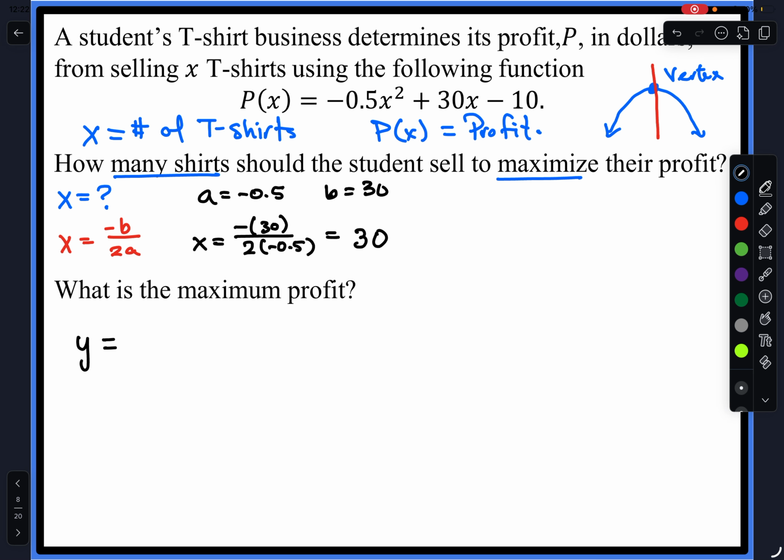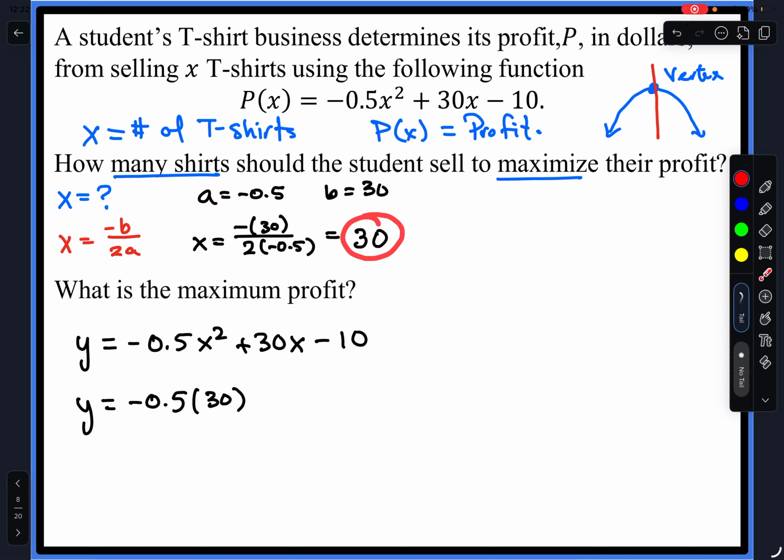So p of x, which is the same thing as y, equals negative 0.5x squared plus 30x minus 10. Again, x is going to be replaced with 30. So again, we're using this answer that we got from this part to figure out the actual highest y value. So let's continue: plus 30 times 30 minus 10.